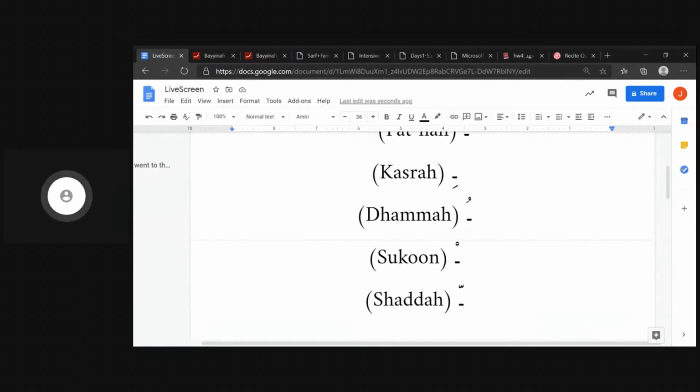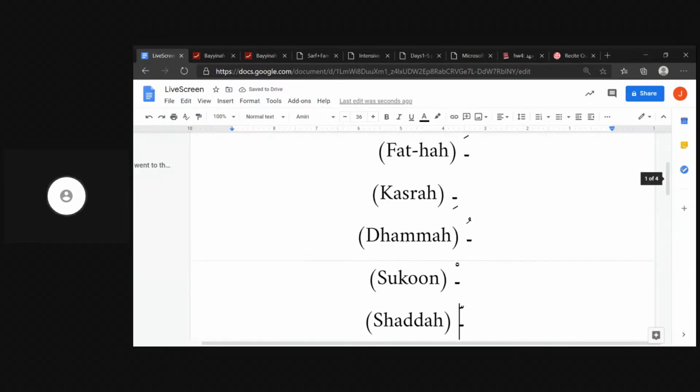If you have a circle, or sometimes you'll also see a backwards half C shape, depending on the script you're using, this is sukun. This one doesn't have any vowel. It's just a full stop. And then shadda, it's kind of like a hold. So you can have shadda, and then shadda will always be paired with another vowel, either the fatha, the kasra, or the dhamma. These are the different harakat.